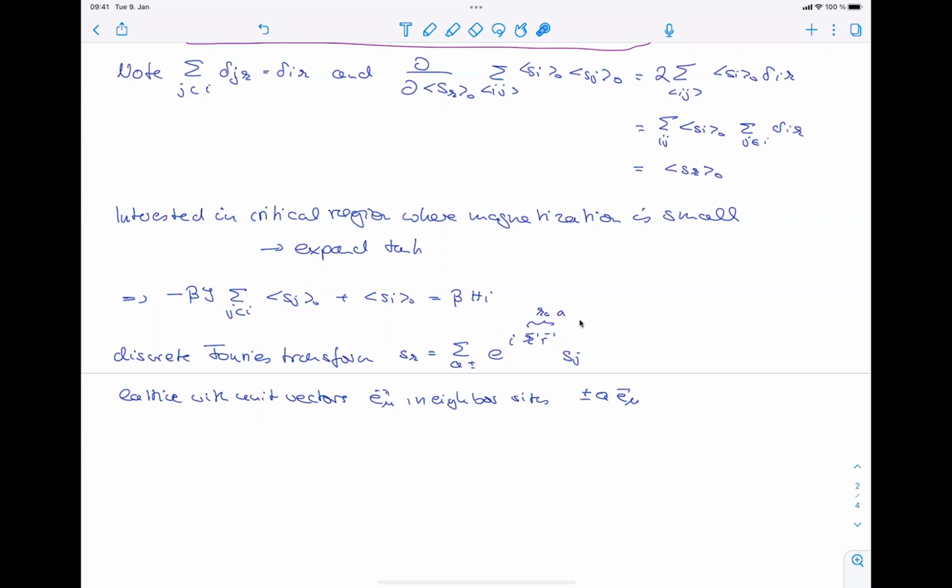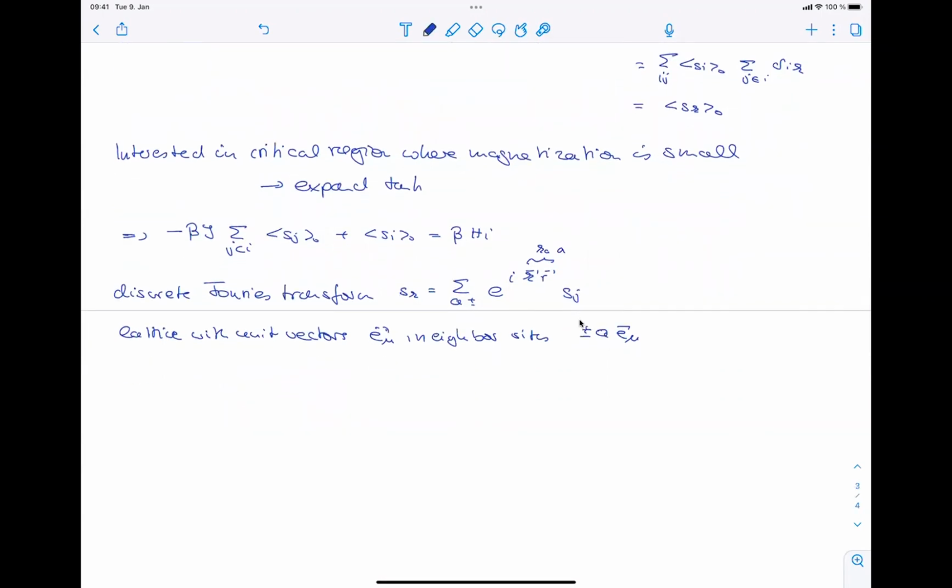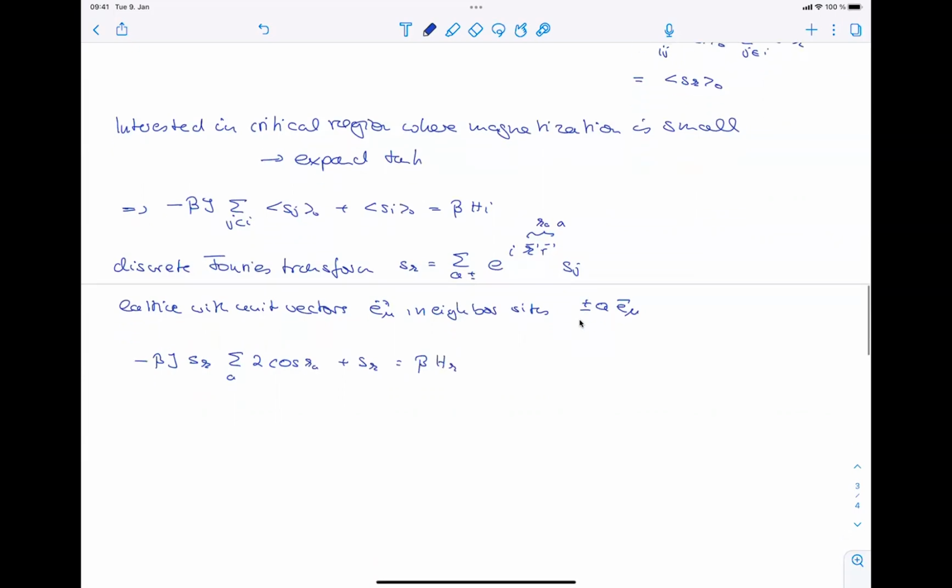So I get a cosine from this contribution, so that this equation above now becomes minus beta J S_k summing over now just a along one direction of the lattice cos ka plus S_k, and that's then beta, and h_k is accordingly the Fourier transform of the applied field.